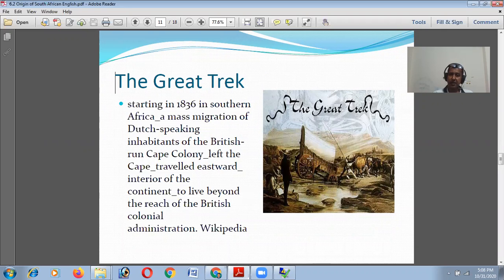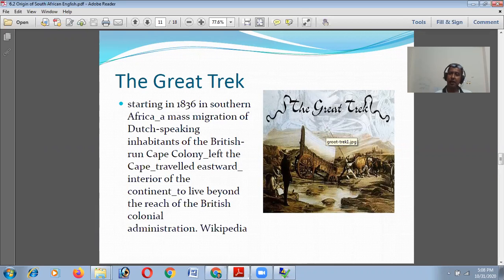They went to the eastward or interior part of South Africa. So the Natal area, the beach area, was mainly occupied by the British settlers, because the African Aboriginal people left this part and went to the interior part of Africa.